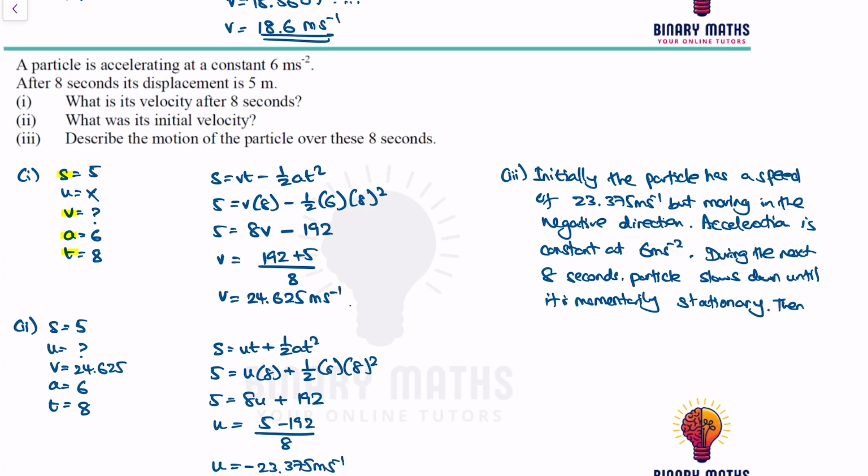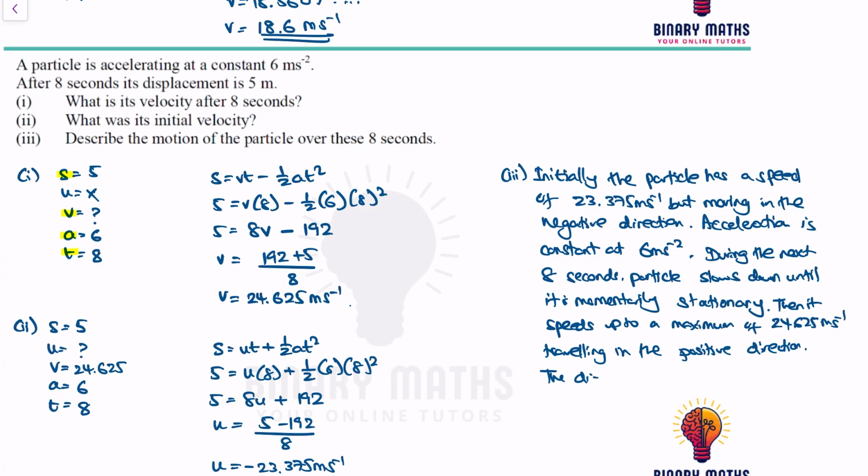So then it speeds up to a maximum of 24.625 meters per second, traveling in the positive direction now. The displacement is 5 meters from the starting point.